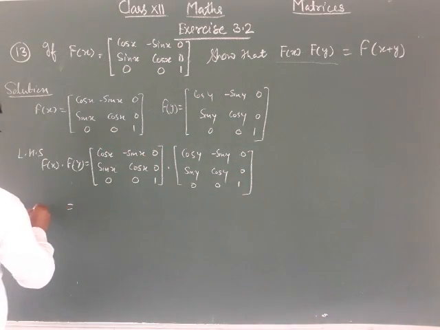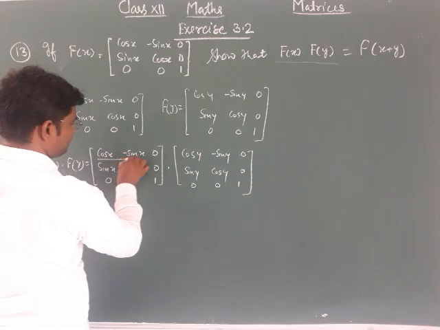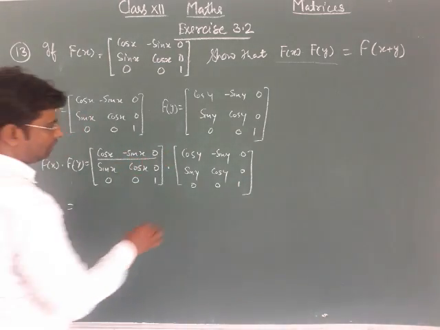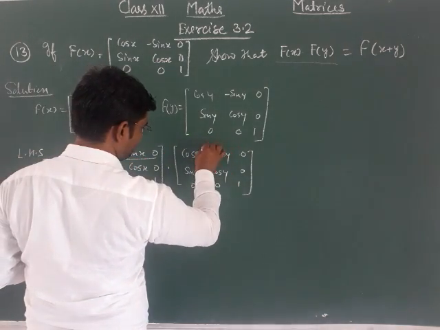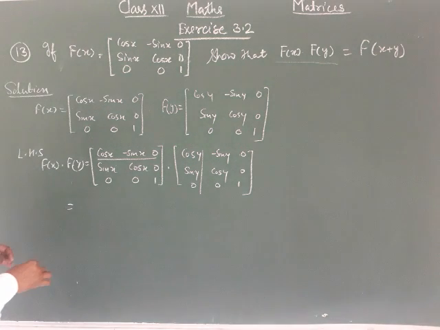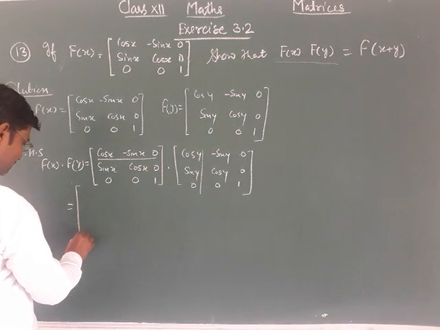So now taking the first row and the second matrix's first column, multiply by corresponding elements, we get a new matrix.